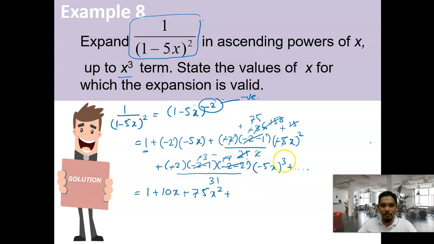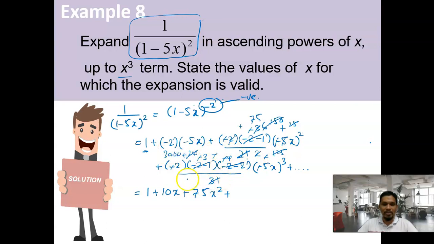And negative 5 cubed is negative, so negative multiplied with negative is positive. 2 times 3 equal to 6, 6 times 4 equal to 24. 5 squared is 25, 5 cubed is 125. 125 multiplied by 24 is 3,000.